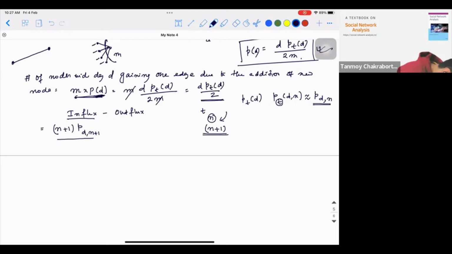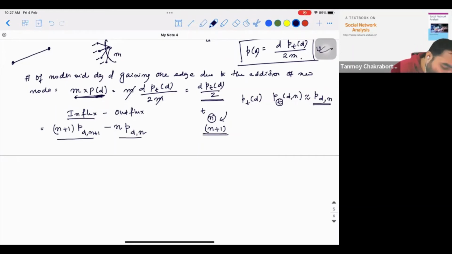Right? And what is the outflux? The outflux is n P d comma n. What does it mean? It means the number of nodes when the new node has not joined. At that time, the number of nodes was n.